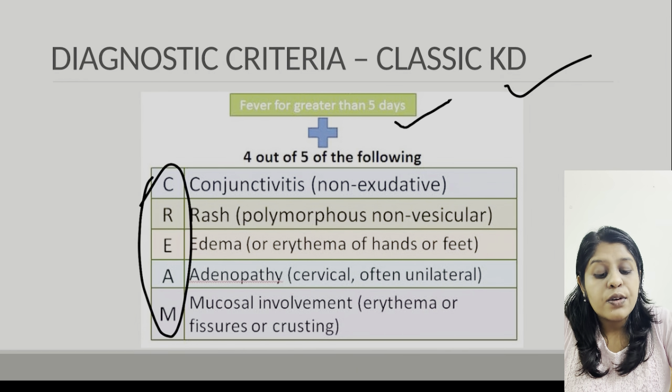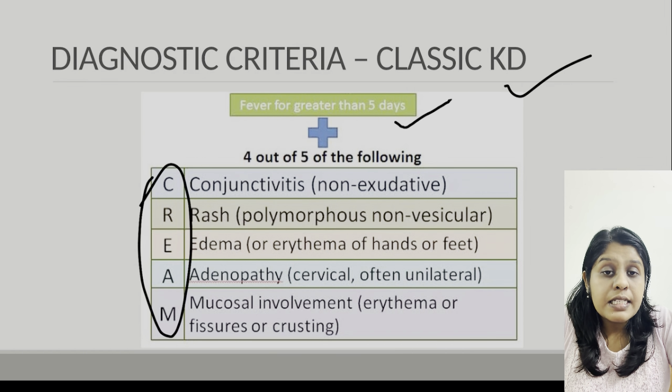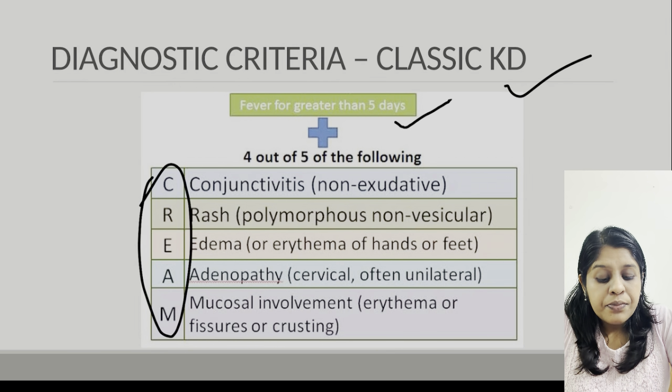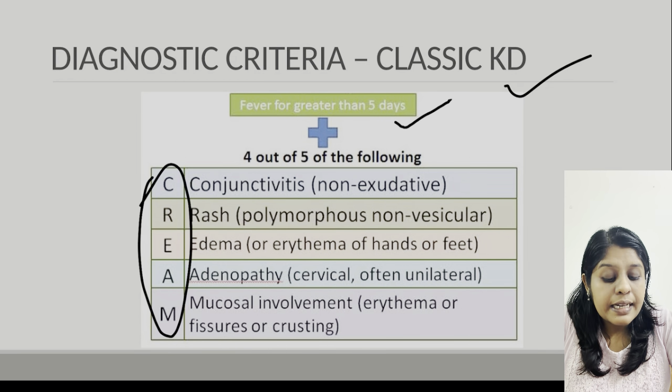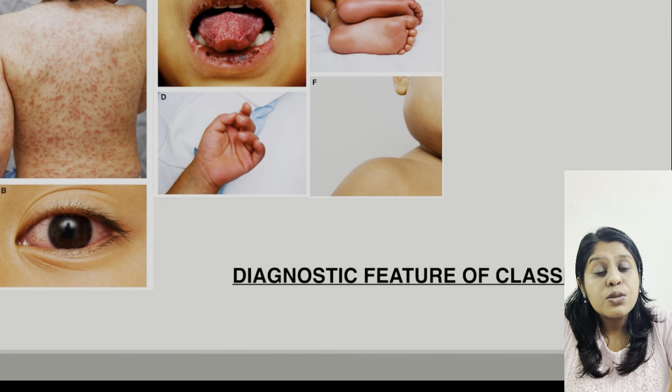C stands for non-exudative conjunctivitis, R stands for non-vesicular polymorphous rash, E stands for edema or erythema of the hands and feet. A is for lymphadenopathy: cervical, unilateral, mostly seen in the anterior triangle, of size more than 1.5 centimeters. M is for mucosal involvement, which can be erythema, fissures, or crusting. So we even saw all these features in the picture earlier. This is just a quick revision.